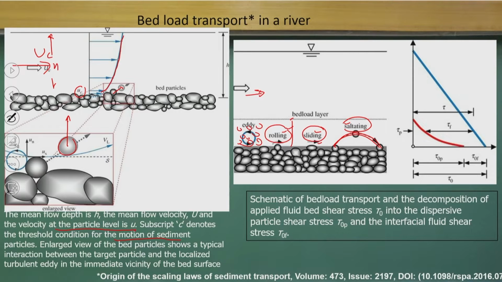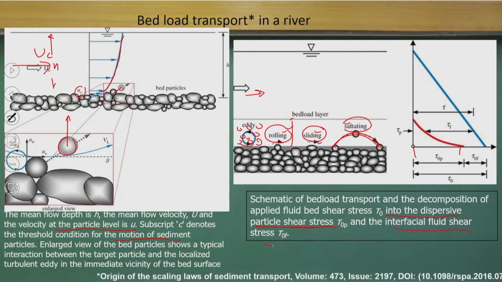One is the dispersive particle shear stress, which acts because of the turbulent structures as the particles move near the boundaries, and we will also have the interfacial fluid shear stress.